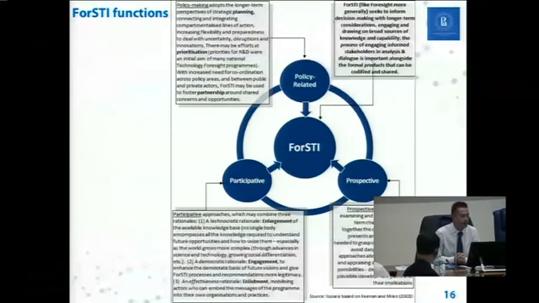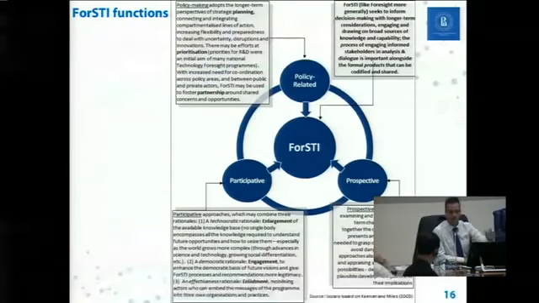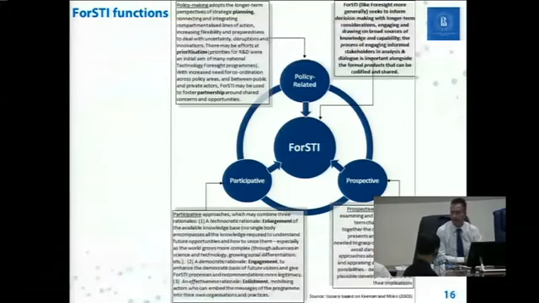At the same time, it looks further ahead, to give us some time to plan for things and to act in the future. So it is prospective in nature. And also, it is orientated towards policy making in terms of planning, prioritization, and creating partnerships between all these different authorities and actors. So these are the key functions of ForSTI.